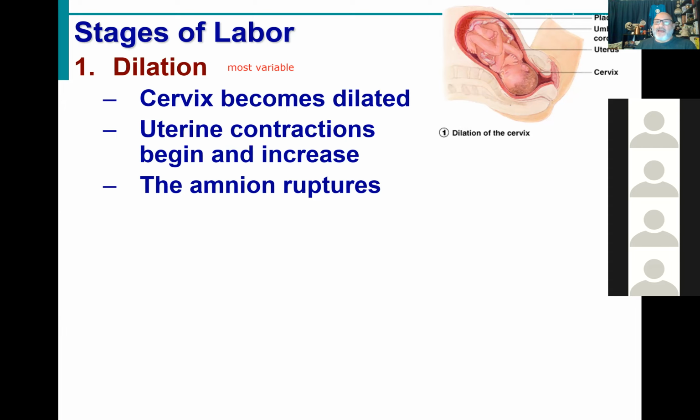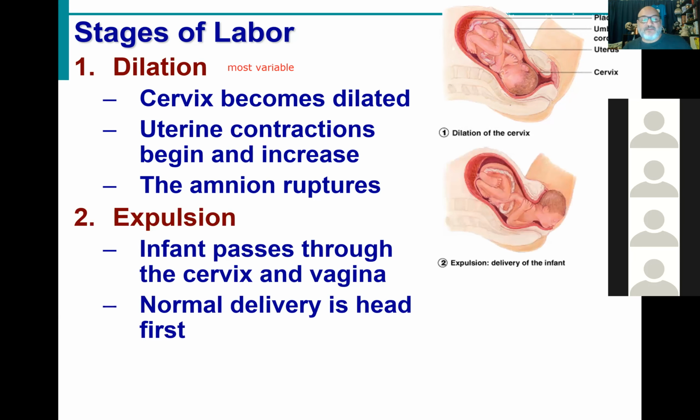So if a female has stalled during dilation, one thing they may actually do is go in and manually rupture the amniotic sac to encourage the development of the process. However, once the amniotic sac is ruptured, the baby is then exposed to the outside world. So if they manually rupture your amniotic sac, you're staying in the hospital at that point. You don't get to go home anymore because they want to be able to watch and monitor that to make sure that everything is okay.